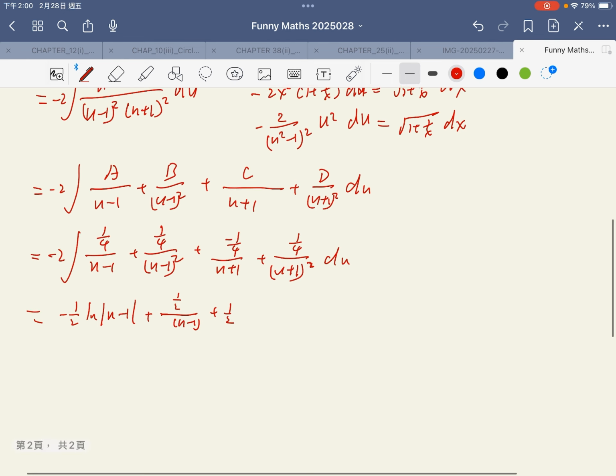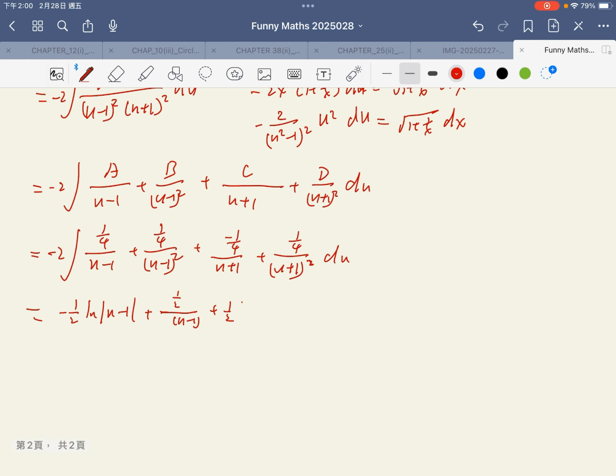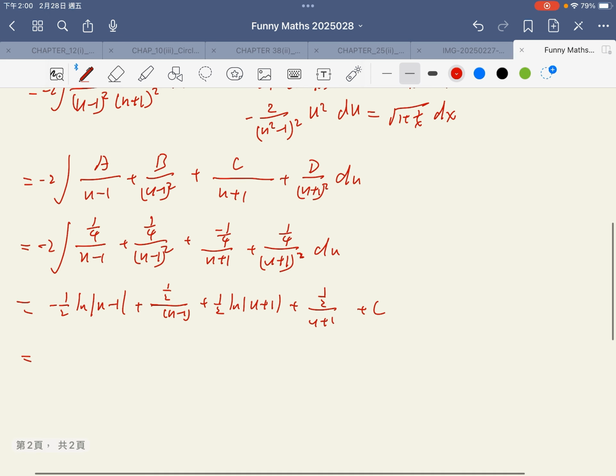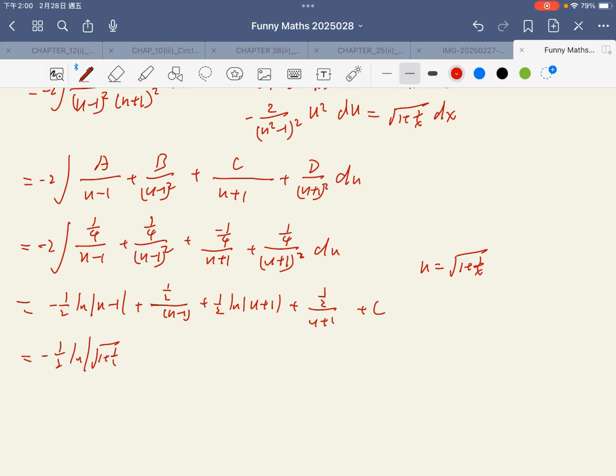And the third term is equal to 1 over 2 natural log of u plus 1. The fourth term is positive 1 over 2 over u plus 1, plus constant. Now I have to change back to the original format. u is the square root of 1 plus 1 over x. It looks very crazy.